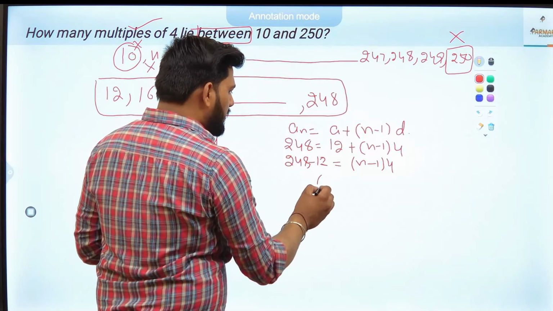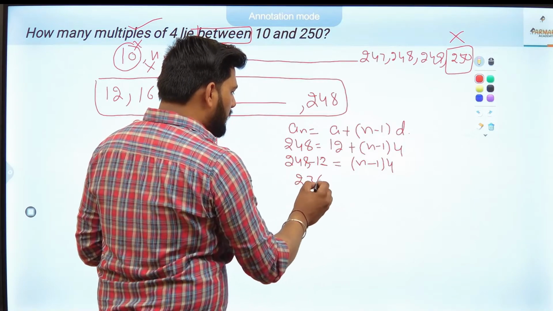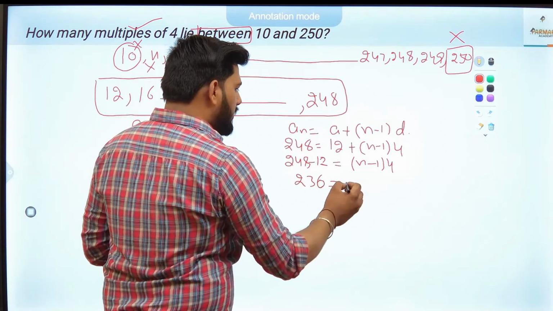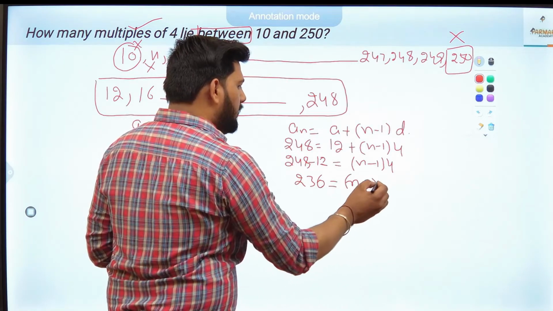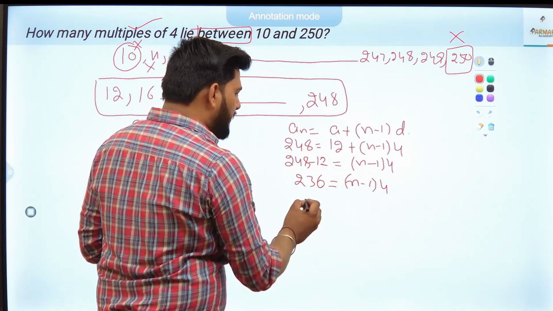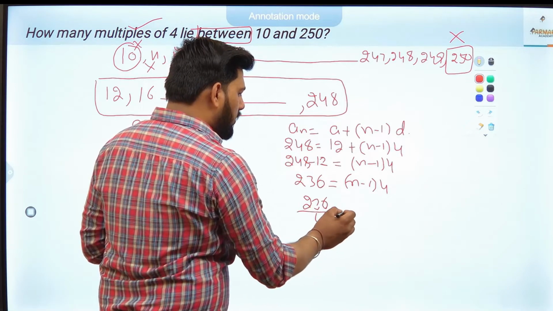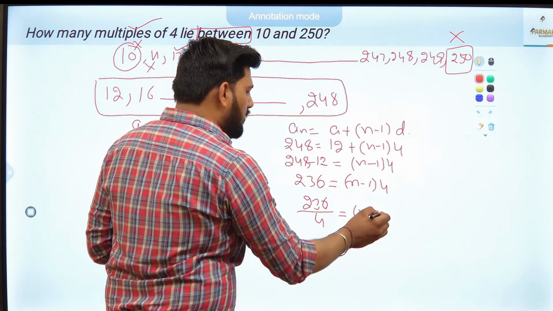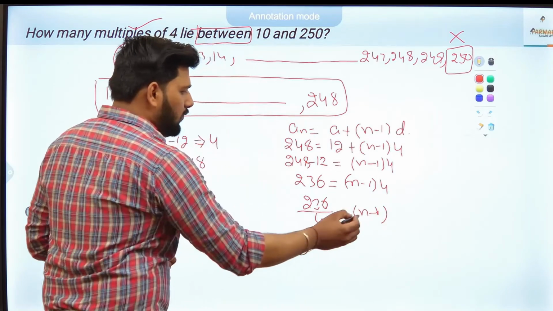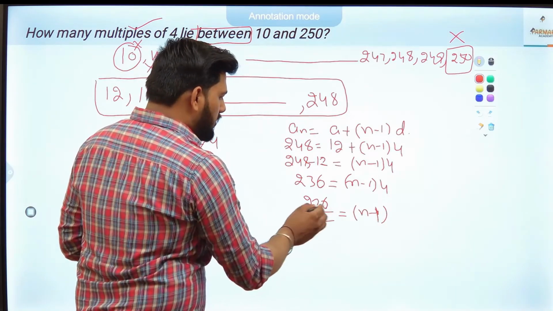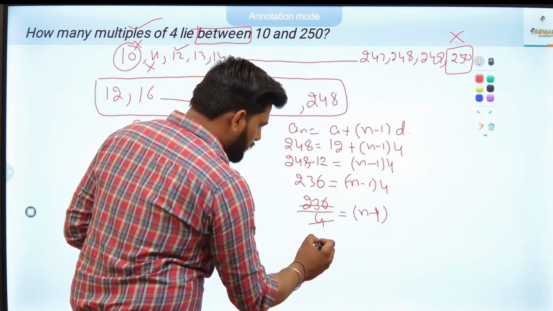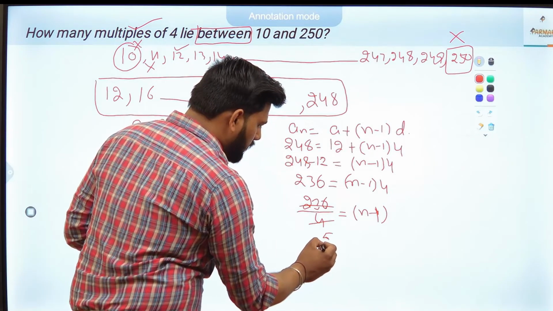So this is 236 is equal to n minus 1 times 4. Now 4 gets divided this side, 236 upon 4 is equal to n minus 1. So the answer is 5.